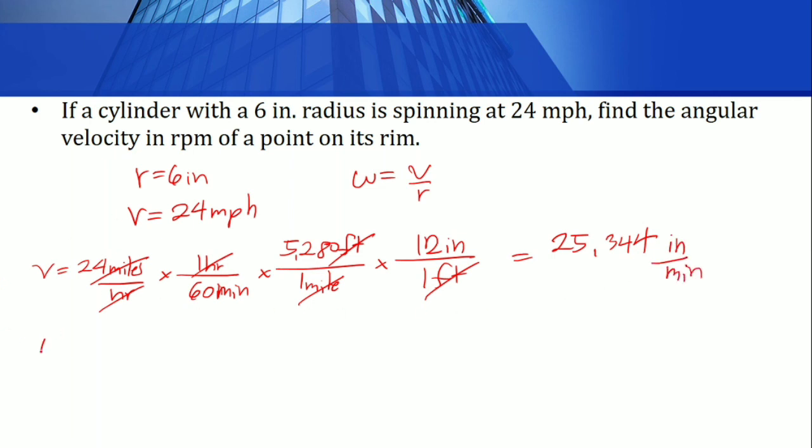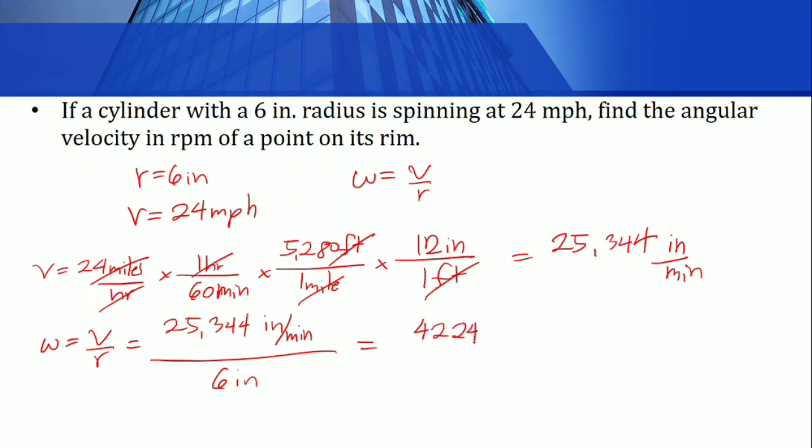So, angular velocity natin will be V over R, or is equivalent to 25,344 inches per minute over radius, that is 6 inches. So, that will be 4,224 radians per minute.